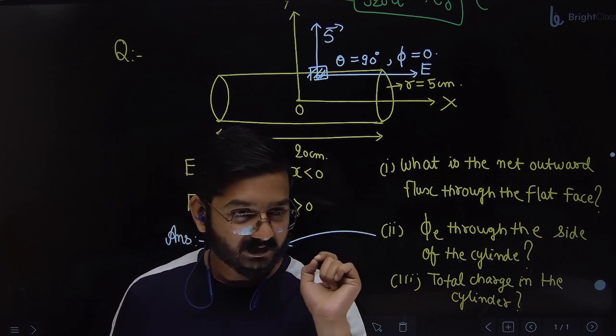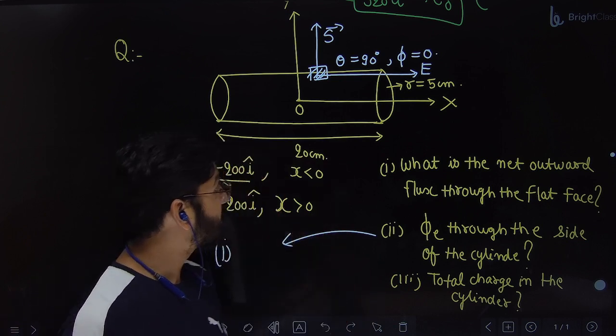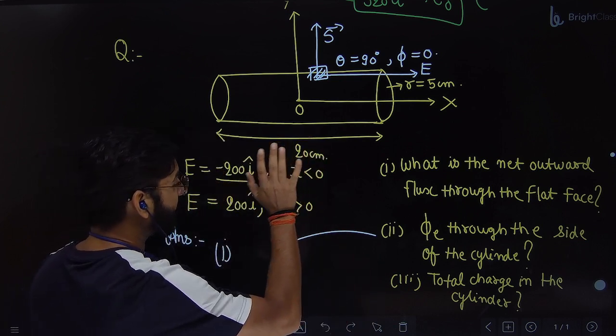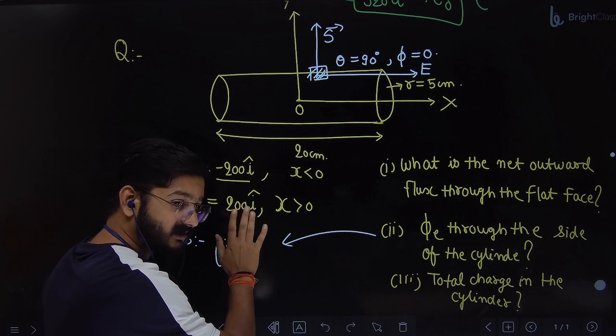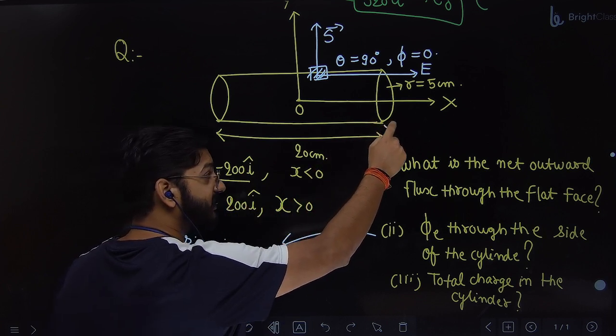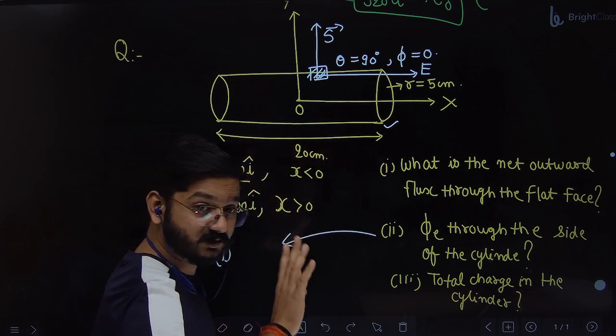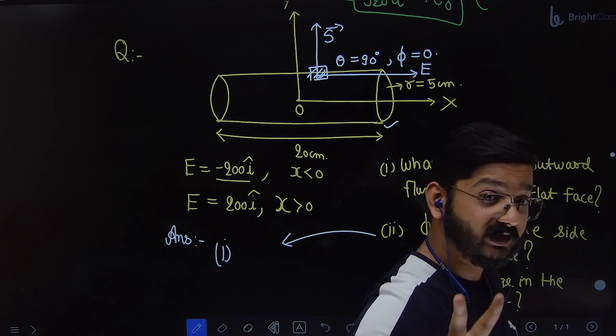I will tell you one thing. Use common sense. Don't do the calculation two times. See here, all of you. Is the magnitude of the electric field changing? No. So whatever answer you get for the right side, the magnitude will be the same for the left side also. So don't waste your time doing the calculation two times.